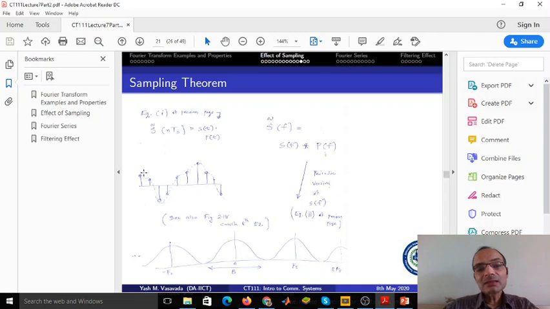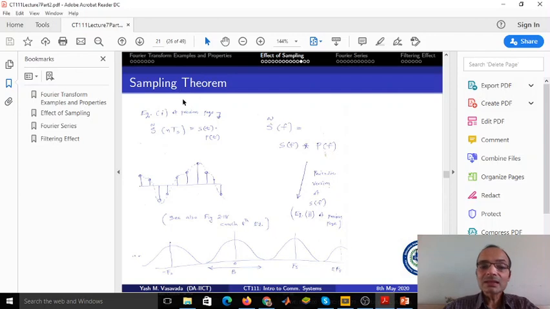The problem is that what if we just keep the samples, throw away the rest of the continuous time information of s of t, and then what we get is not actually the original signal at all. It looks like some distorted version of s of t. That is where the sampling theorem steps in.